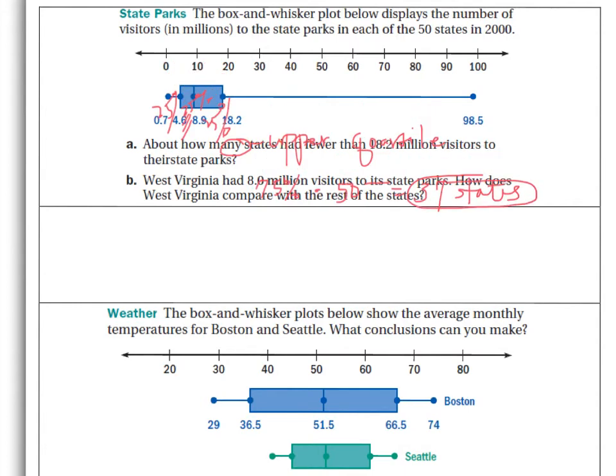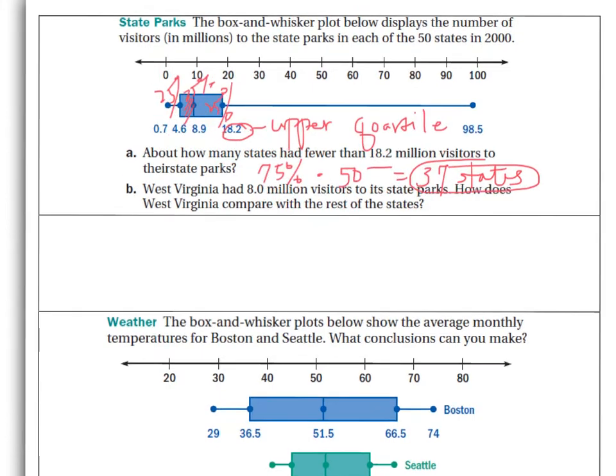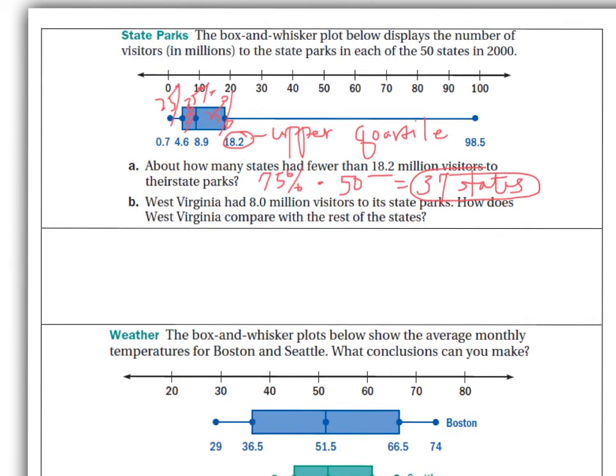Part B. West Virginia had 8 million visitors to its state parks. How does West Virginia compare with the rest of the states? So the number of visitors to West Virginia happens to be greater than the lower quartile, 4.6.